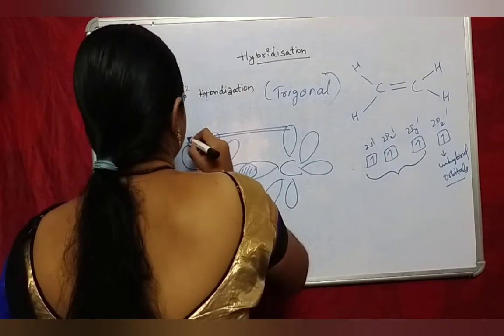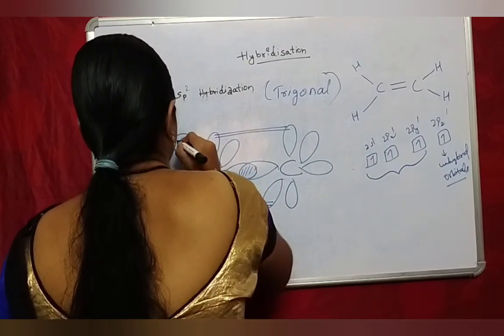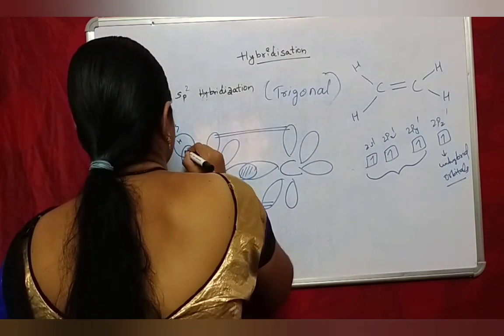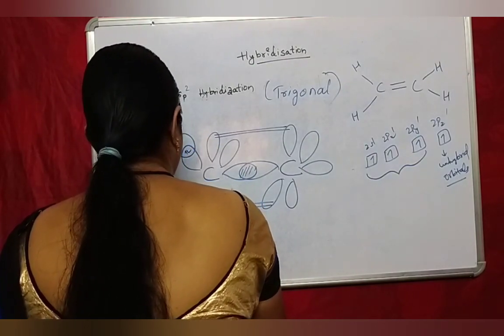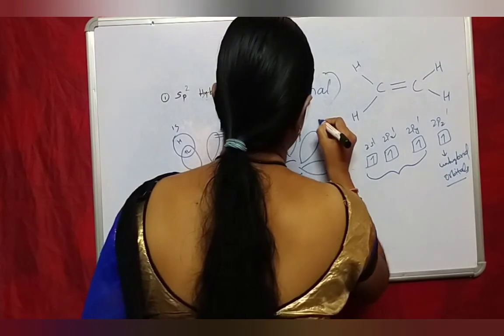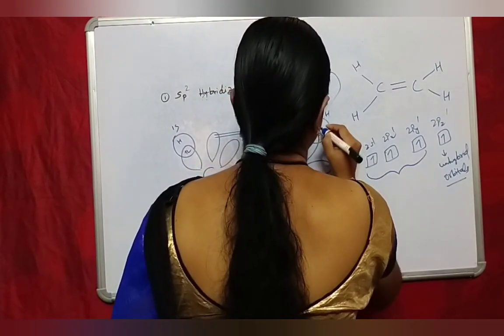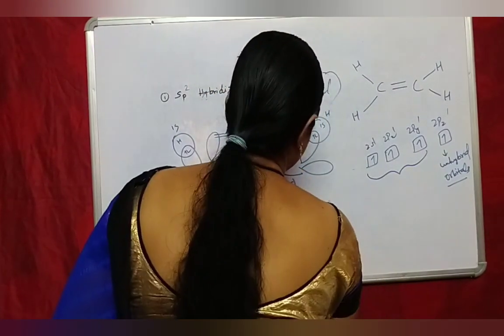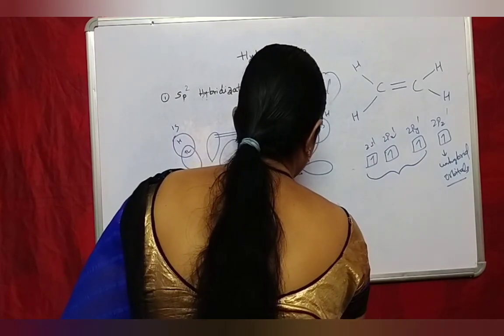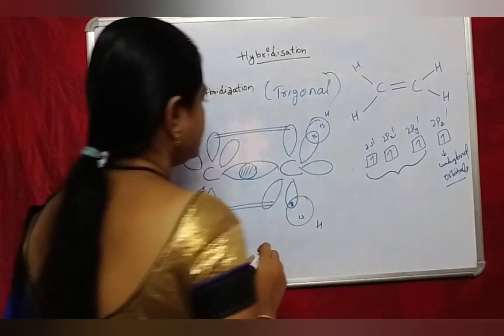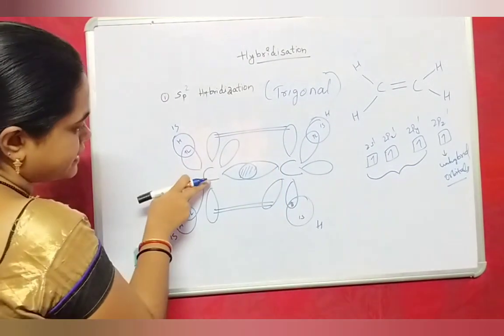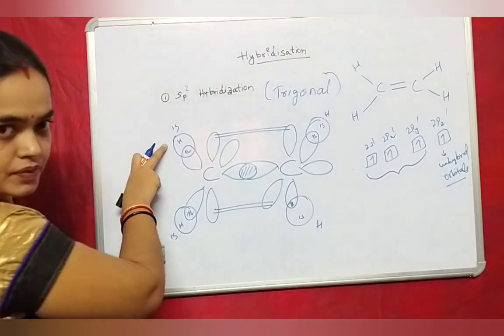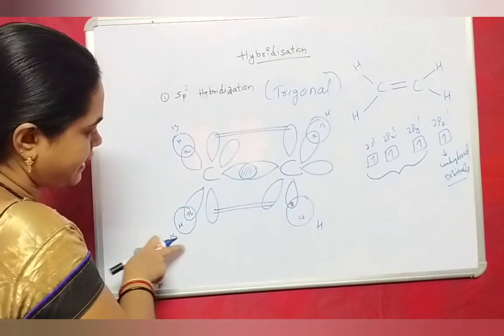See, two carbons combine; this carbon combines with hydrogens, each having a 1s orbital.